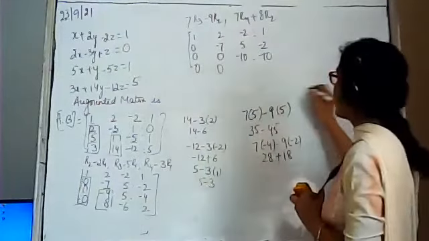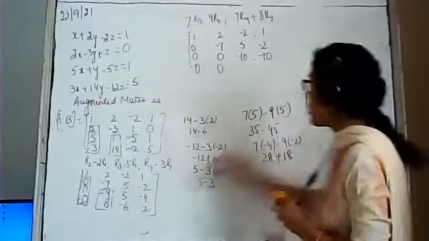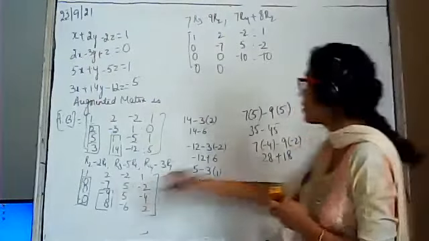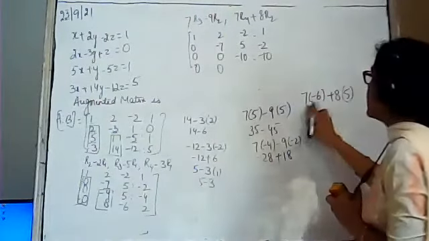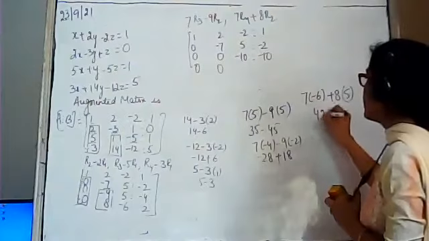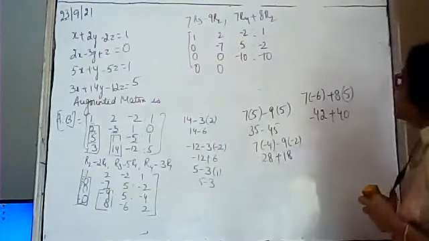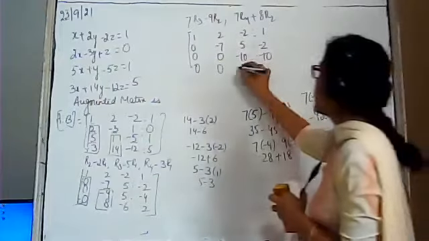We are having 7 times R4. R4 is minus 6 plus 8 times R2, and R2 is 5. 7 6s are 42 plus 8 5s are 40. So it will be minus 2.